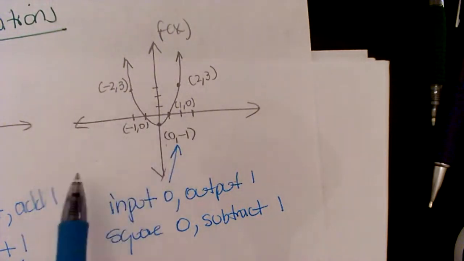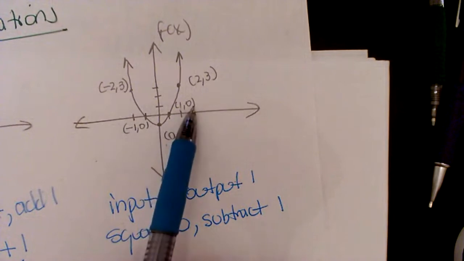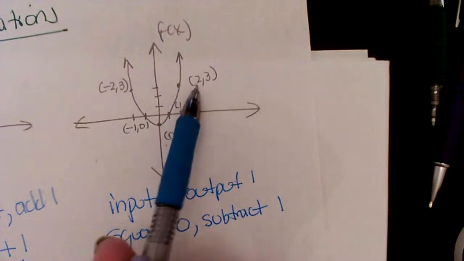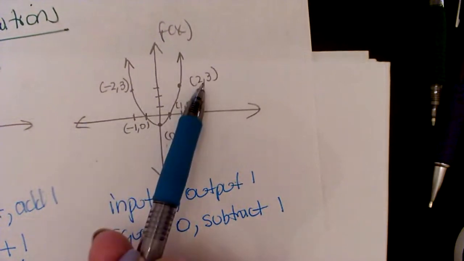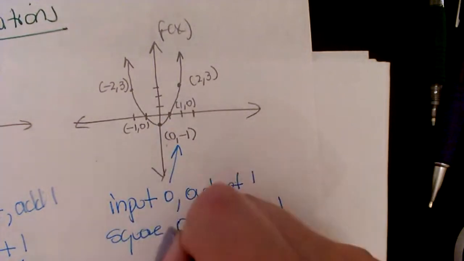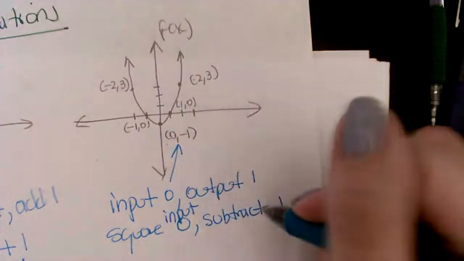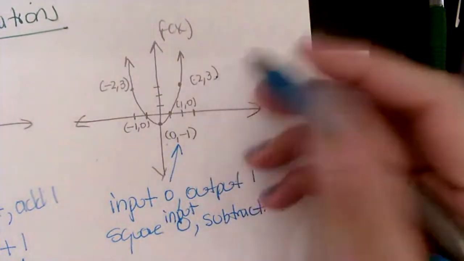We square the 1 and we subtract 1, so we get 0. 4 minus 1 is 3.